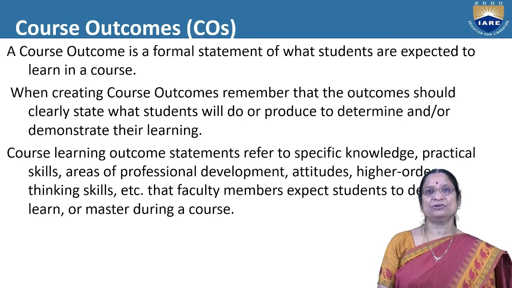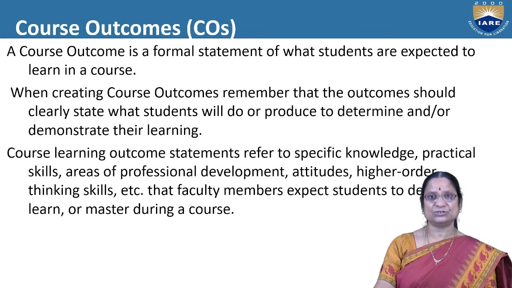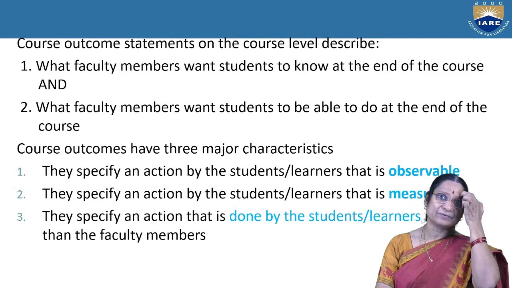All these things are going to be specified through these course learning outcomes. That is, what the faculty members are expecting students to develop, learn or master during this course. Those are going to be represented by these course outcomes.